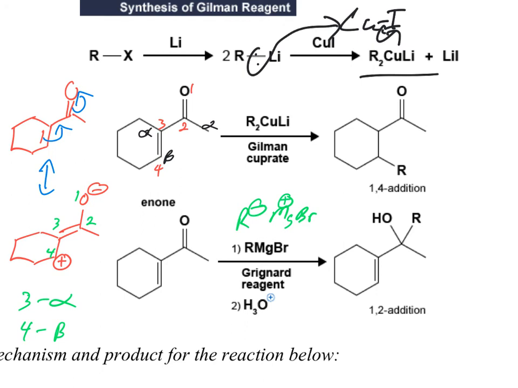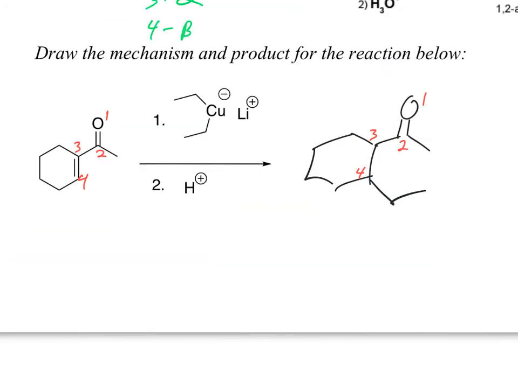So the mechanism here, to recognize this is a Gilman reagent. We're going to do that beta addition, that conjugate addition, that 1,4 addition, or that Michael addition. Here we go. That adds in, 3 arrows. 3 arrows for this addition.